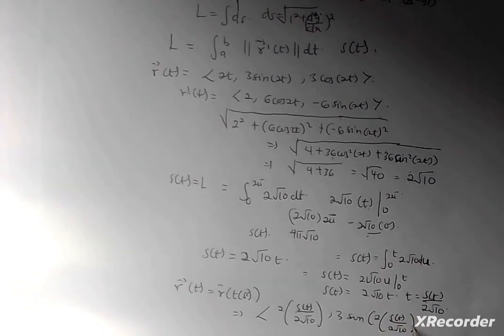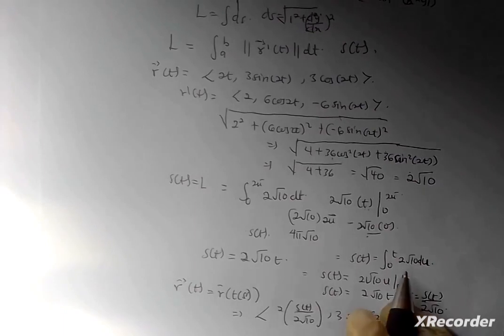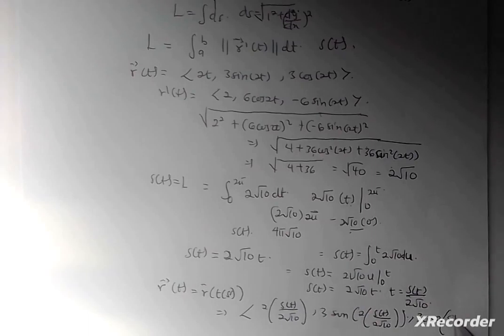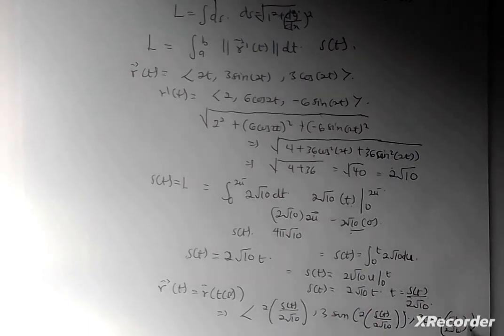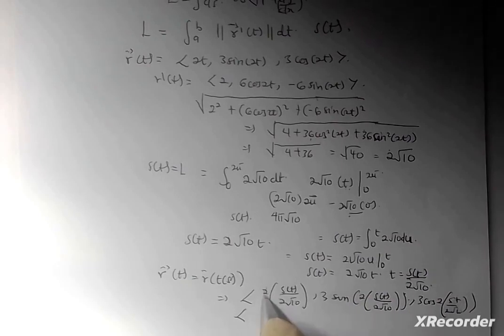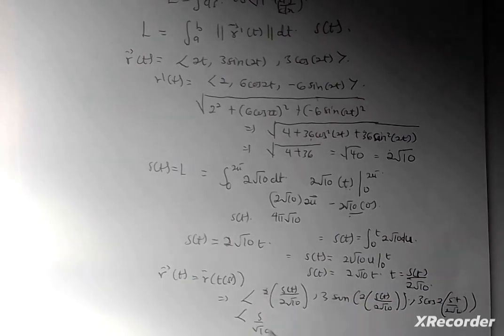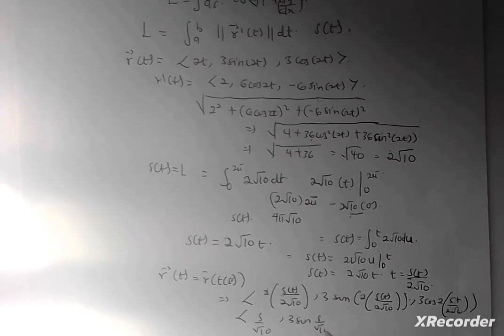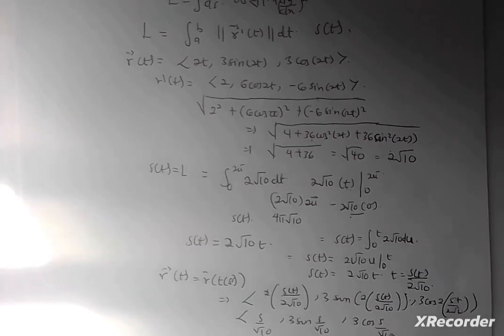Then I simplify: these two cancel, and I get s over root 10, comma, 3 sine s over root 10, comma, 3 cos s over root 10.